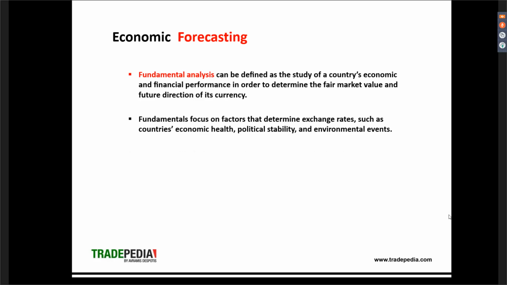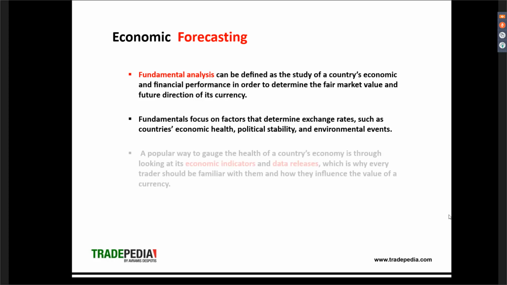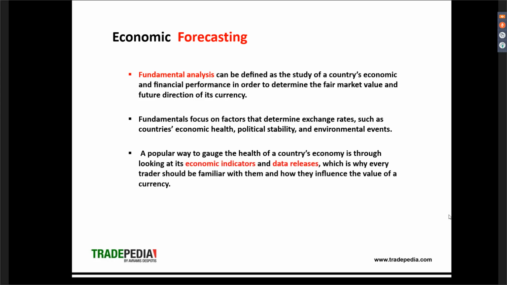Now, fundamentals focus on factors that determine the exchange rates, such as country's economic health, political stability, even environmental events. A popular way to get an idea of the health of a country's economy is to look at its economic indicators and data releases, which is why every trader should be familiar with them and how they influence the value of a currency.